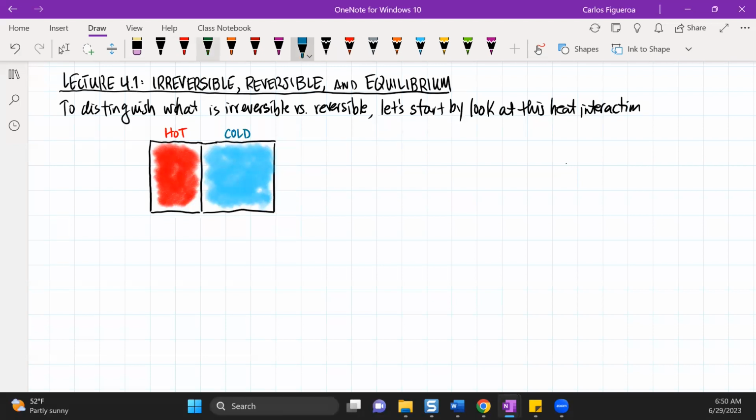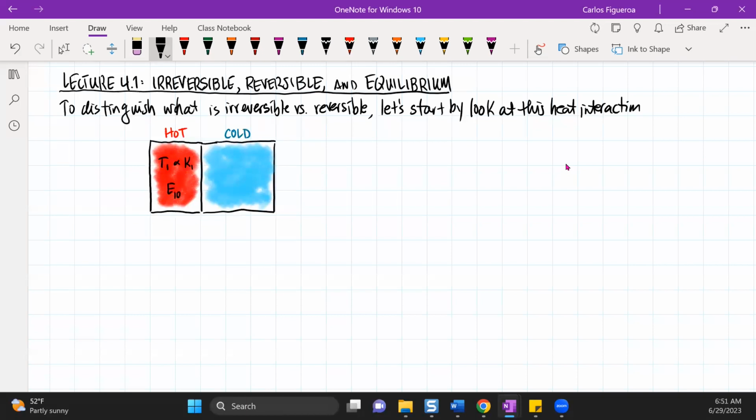What I'm saying here is that I know that this is temperature T1, and this temperature is proportional to the RMS kinetic energy. This has some internal energy initially.